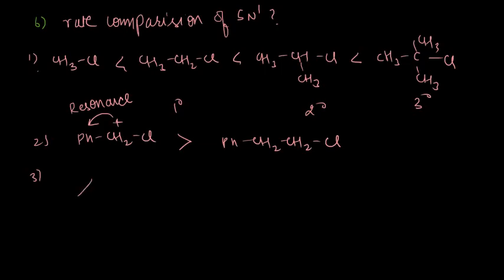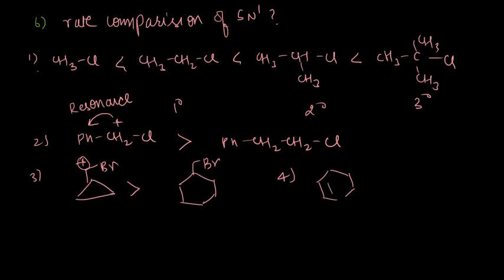Third, we have the bromides, and here, due to resonance, the carbocation is very stable. Fourth, here we have bromine, here we have bromine, and here we have bromine.